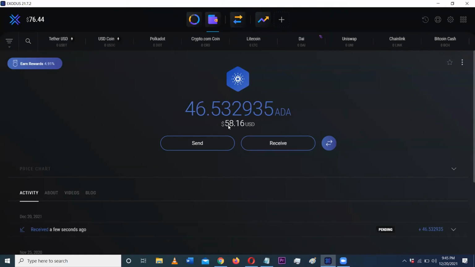So you realize that the money I sent at the beginning of the course was like $60. Then I went to play around with it, sell, buy, sell, buy, sell, buy. I lost around $2 doing that. And I bought Cardano and sent it again. It's now $58.